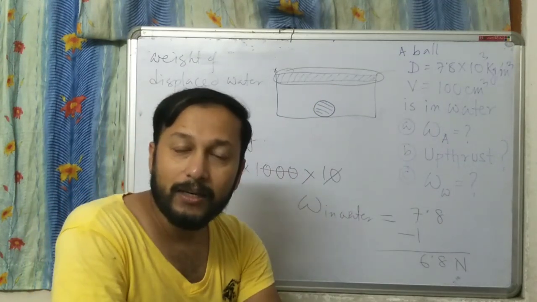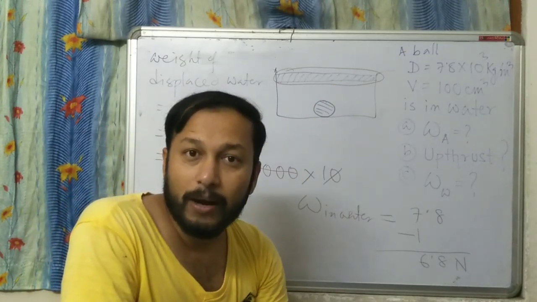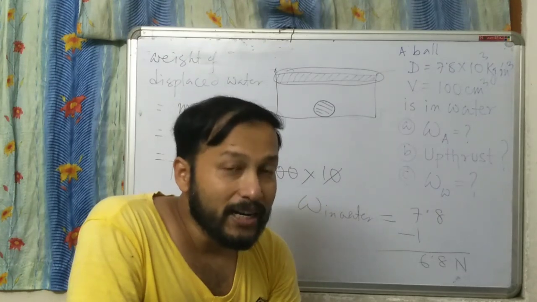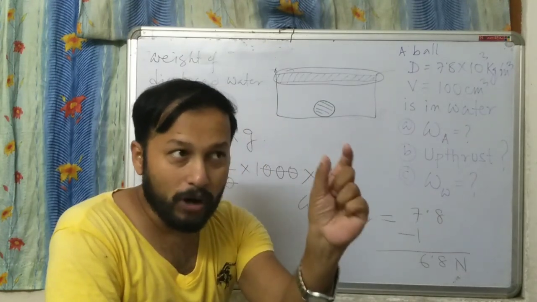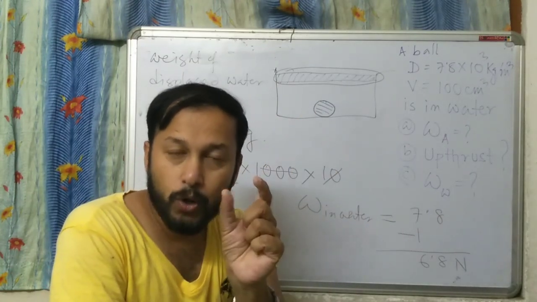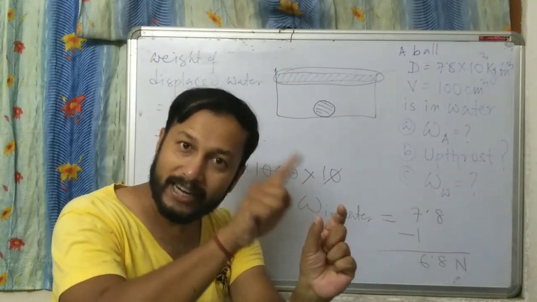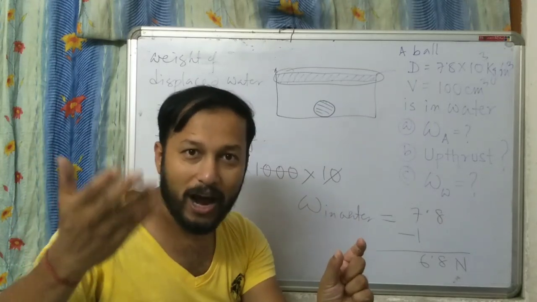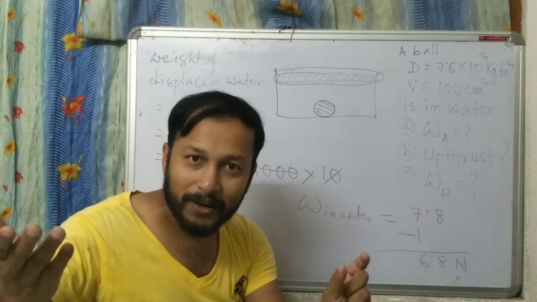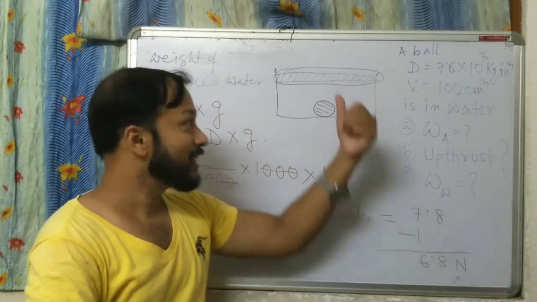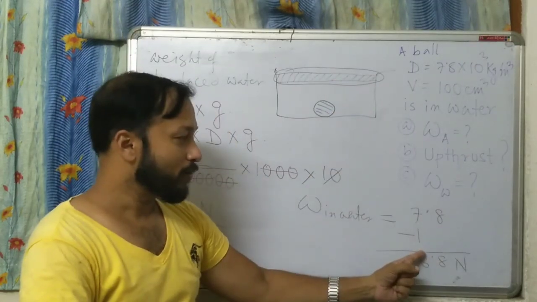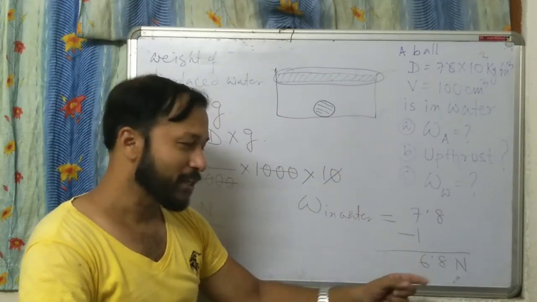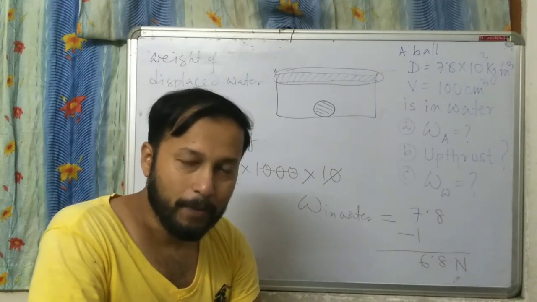Then the weight of the ball in water equals weight of the ball in air minus force of buoyancy or upthrust or weight of the displaced liquid. See what we have done here, and we got 6.8 Newton. Understood? Let's see another sum.